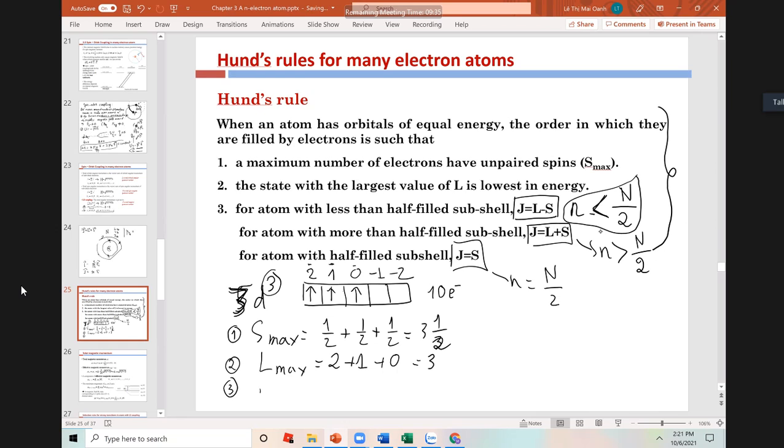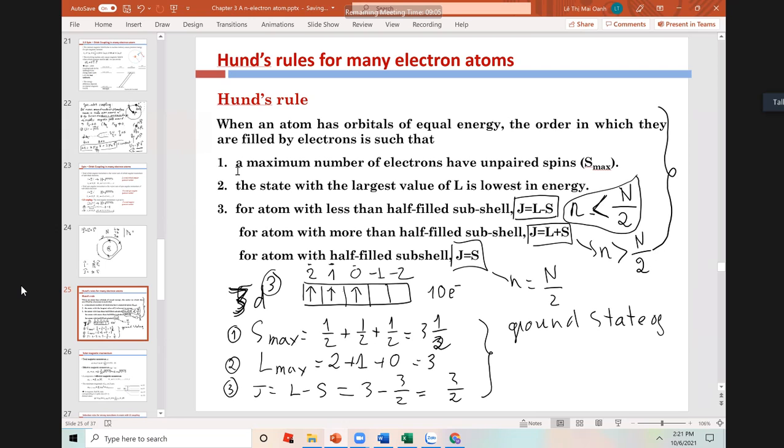So J equals L minus S, equal to 3 minus 3/2, which equals 3/2. And that is the ground state of the atom or ion that has the subshell 3D3.